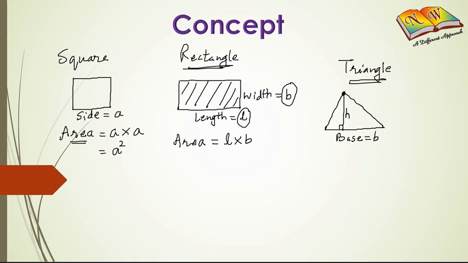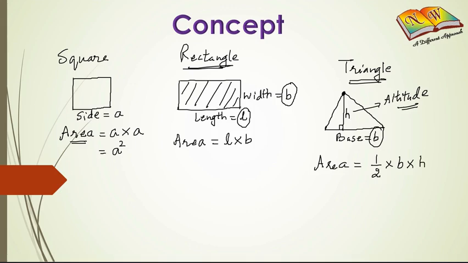So the two dimensions which we should know for a triangle are its base and its altitude. Once you know the length of B and length of H, we can find the area of this triangle by using the relation half into base into height.